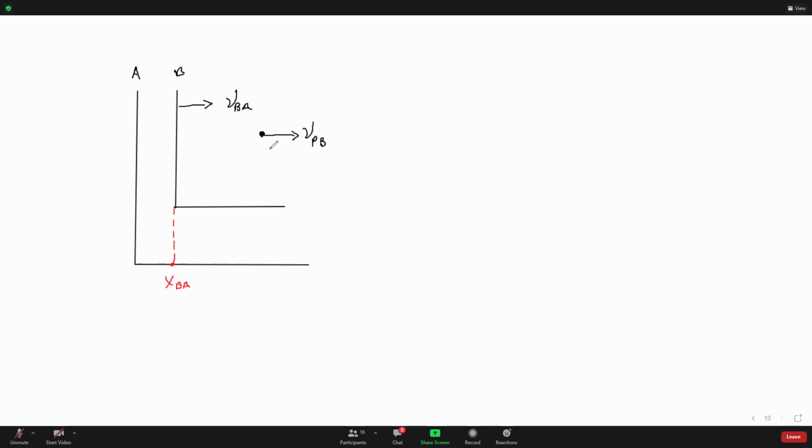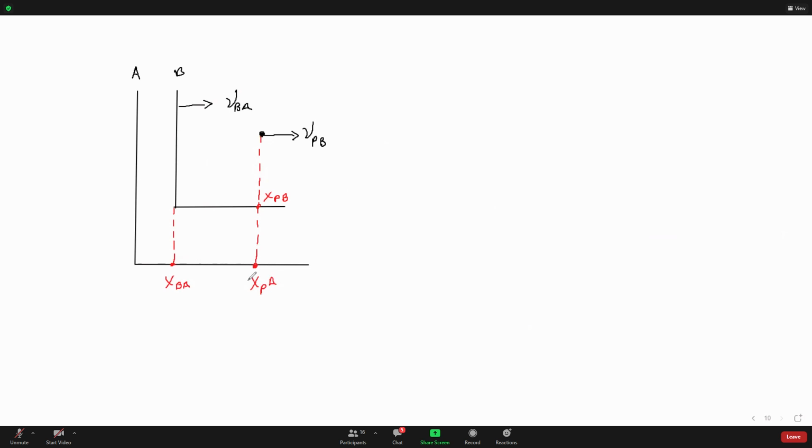And this is the position X of the particle measured in frame B. This point on the A-axis is X of the particle measured in frame A.